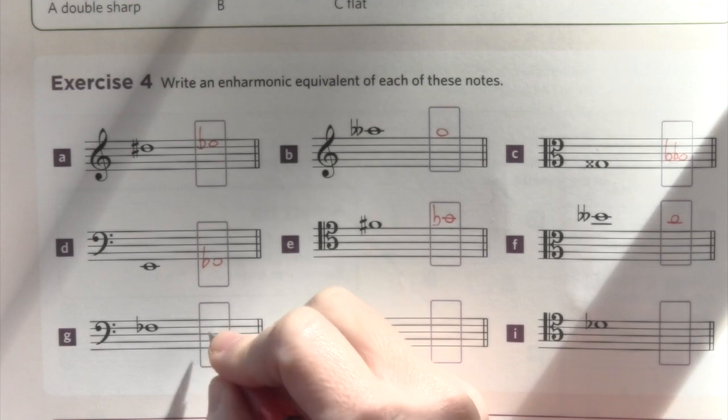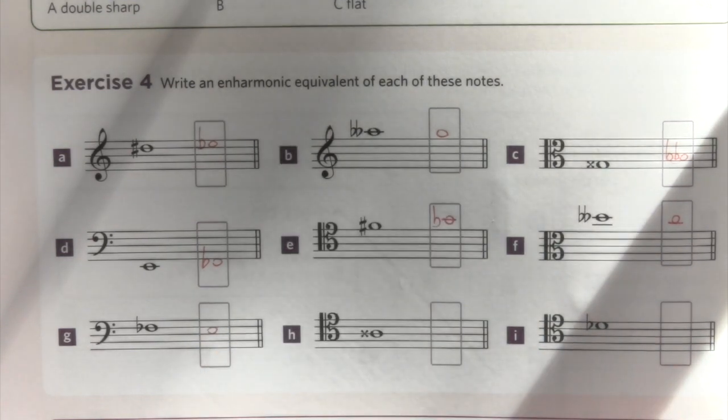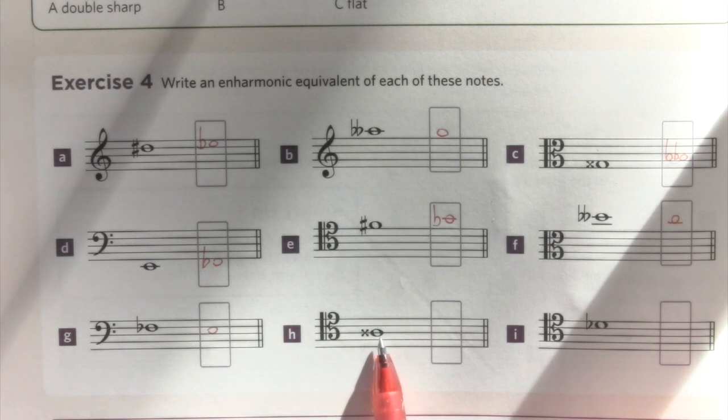Fa flat is Mi. Because it's one semitone below. This is La double sharp. Now La double sharp is 2 semitones above La.